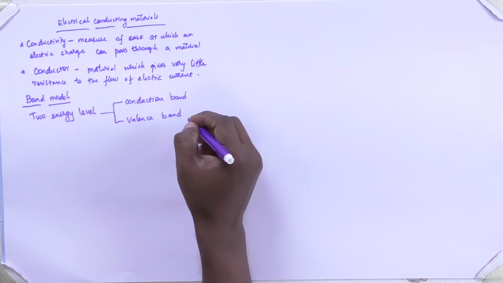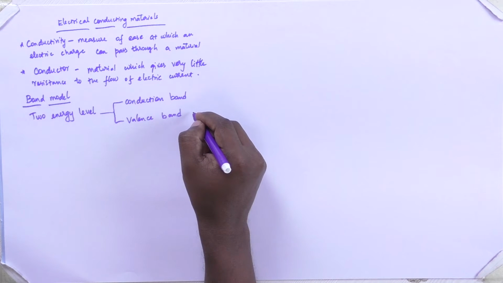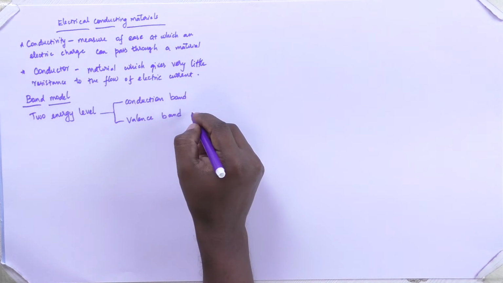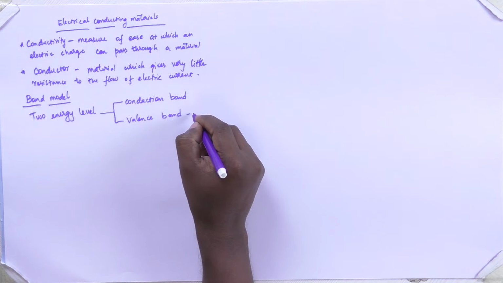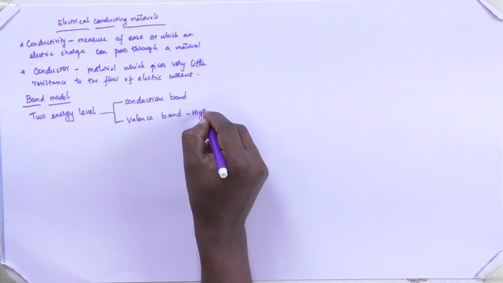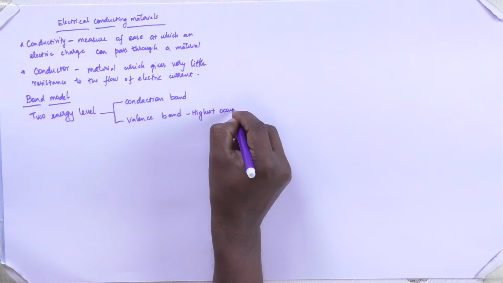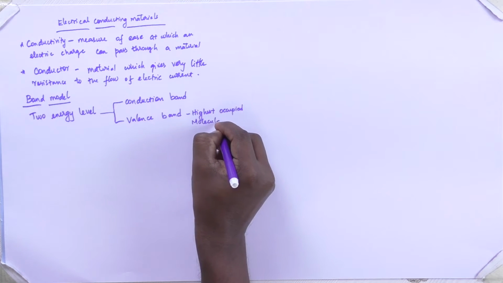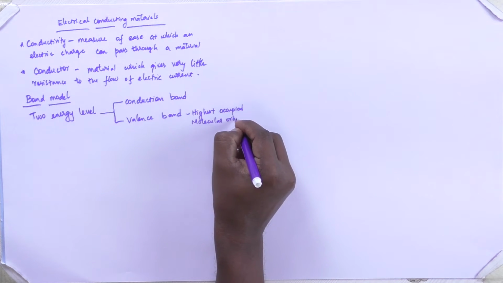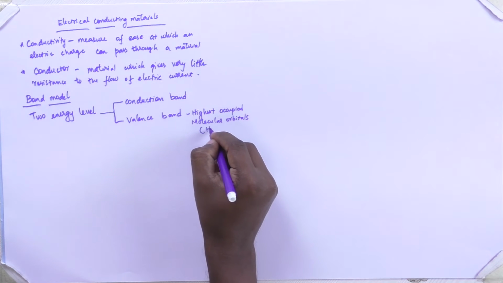When you look at an element, it will have electrons, and electrons will be filled according to the energy. So this valence band arises from highest occupied molecular orbitals. So this is nothing but HOMO.